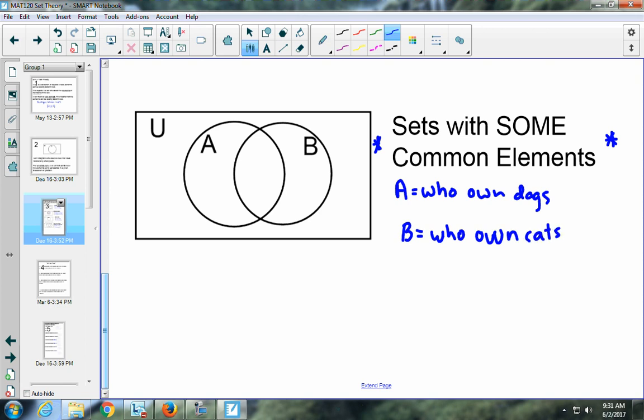So if I owned only a dog, I'd be over here. If I owned only a cat, I'd be over here. But if I had both a dog and a cat, I would be in that overlap. And more often than not, that's what happens when we take a survey.